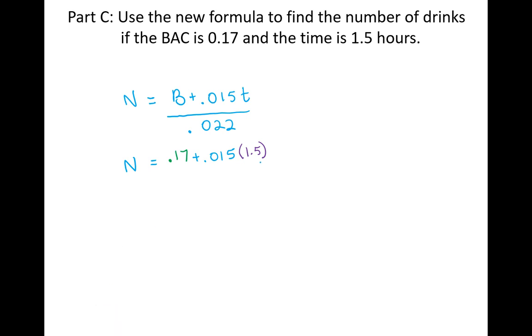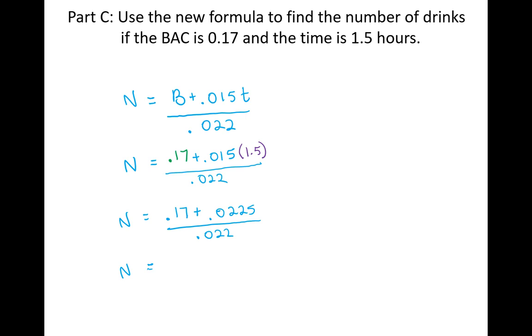And all of that's divided by 0.022. So that's going to be 0.17 plus 0.015 times 1.5 is 0.0225 over 0.022. We just keep simplifying.